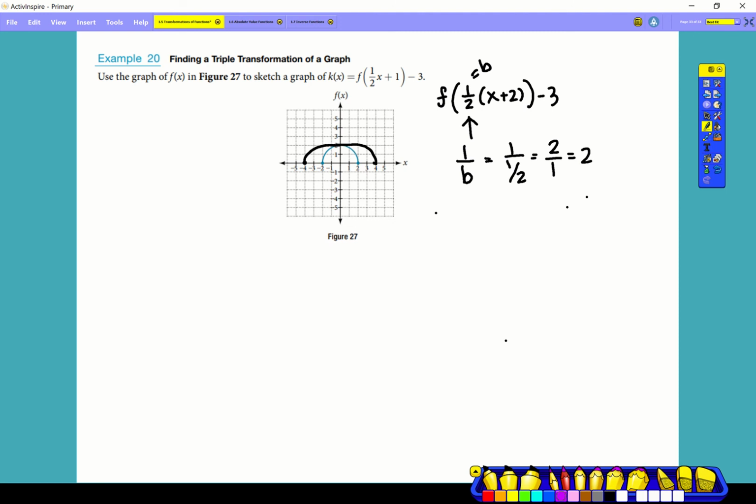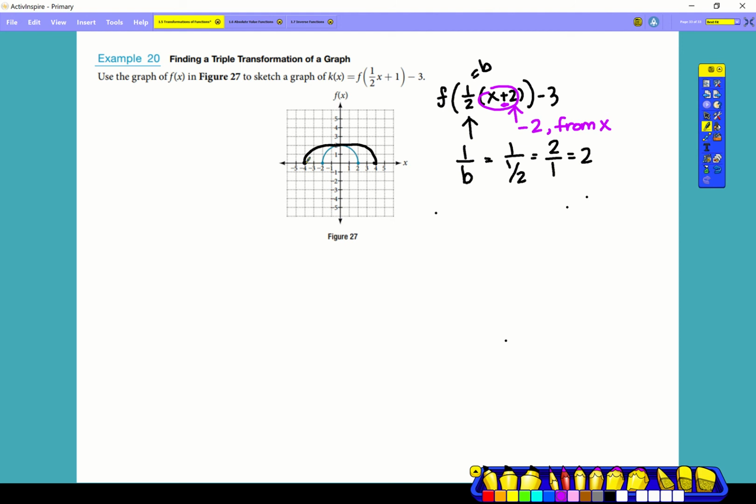So that's our first. The next thing we're going to do is deal with the 2. And that means, remember, when it's on the inside, it's the opposite of the sign. So we are going to subtract 2 from x.